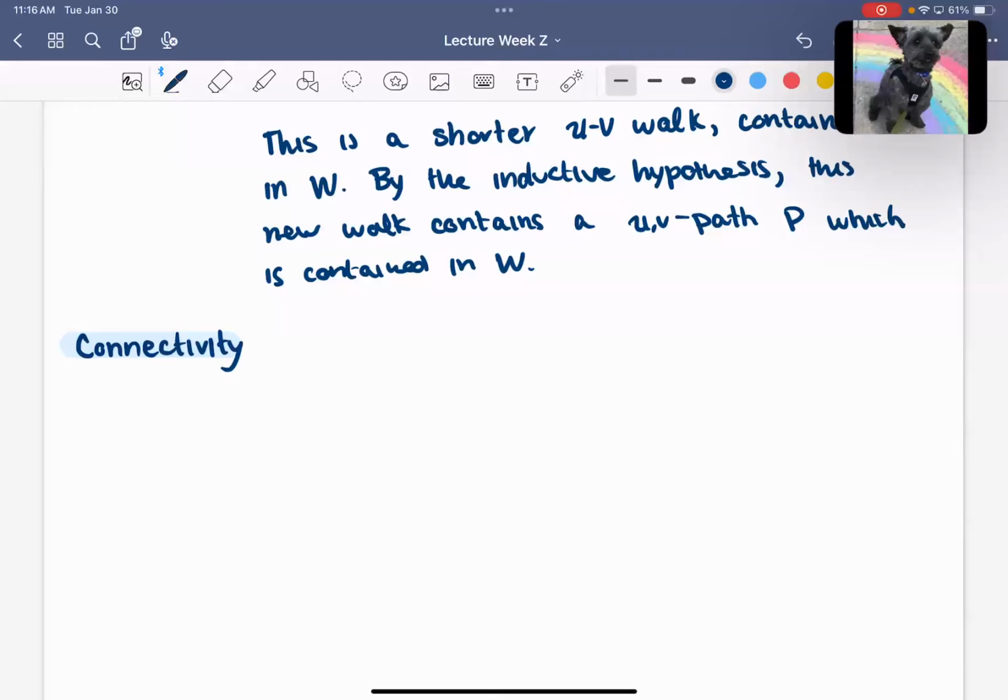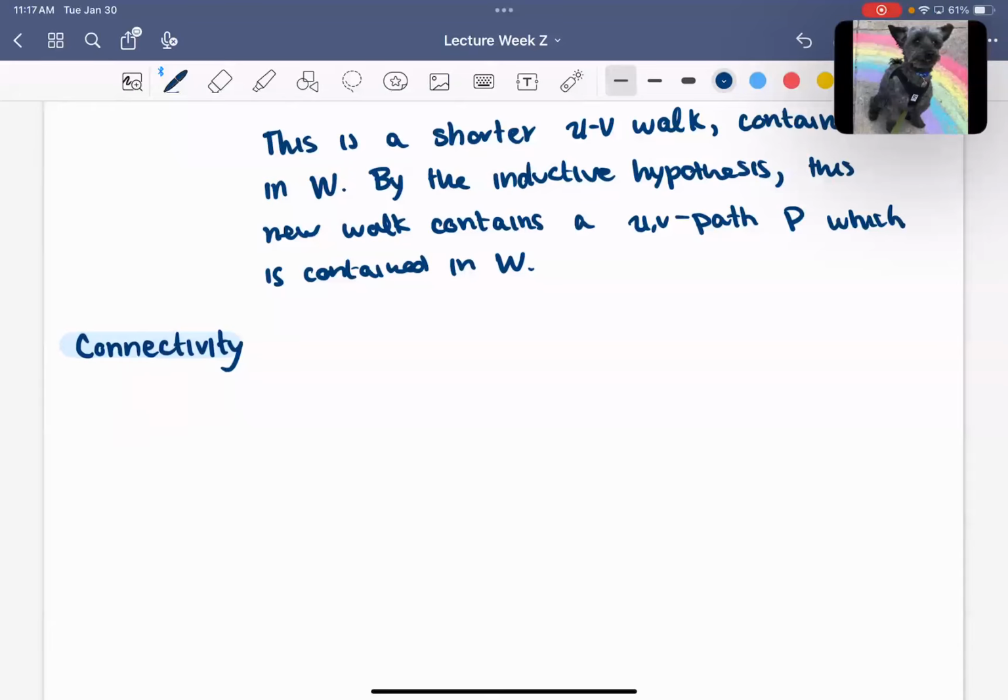Okay, so recall from last time that we said a graph was connected if for every pair of vertices U and V in the graph, there's a path from one vertex to the other. Is this ringing a bell? Maybe this is worth writing down because this language has potential to be confusing.